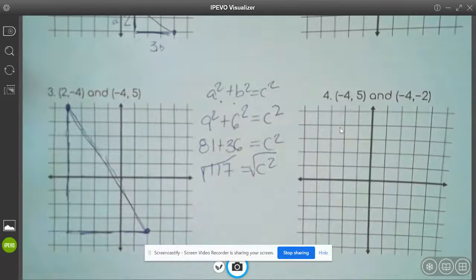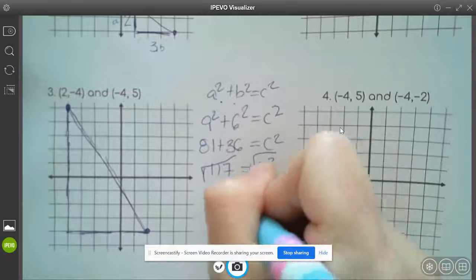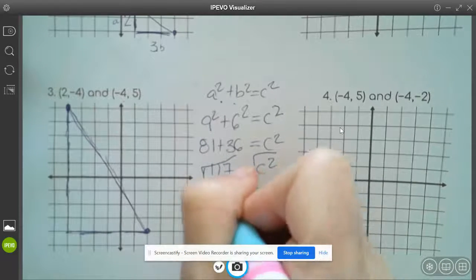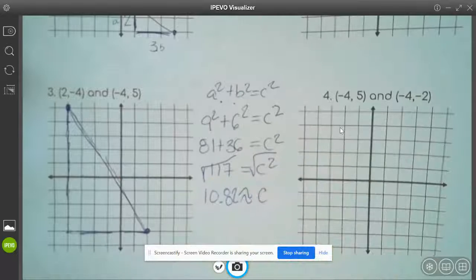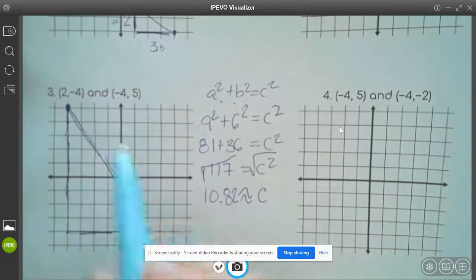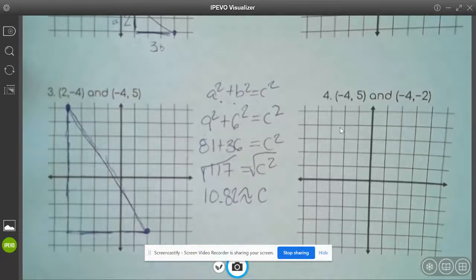Square root of 117 is c approximately 10.82. Okay, does that make sense? Yeah, because one is 9 and the other one is 6, so this should be bigger. So it's 10.82. That does make sense.